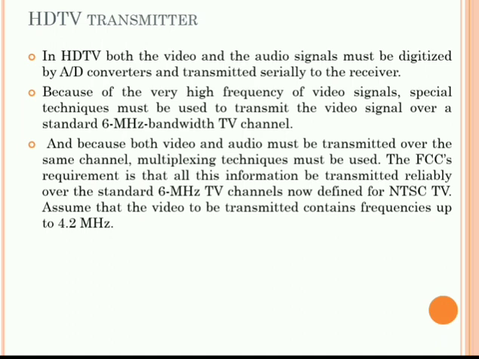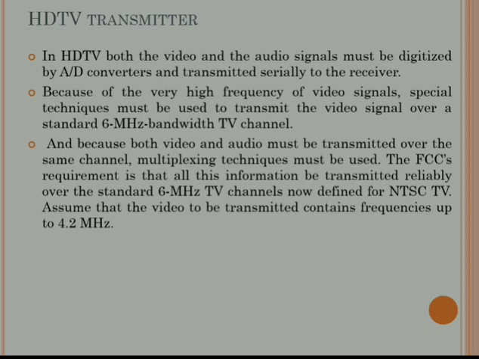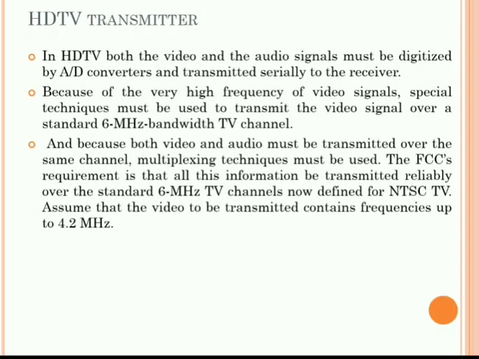It means that for the transmission of both the audio and video signals, we are using a multiplexing technique, so that both signals can be transmitted over the same channel or same bandwidth. We are using a 6 megahertz channel for transmitting the video and audio signal.